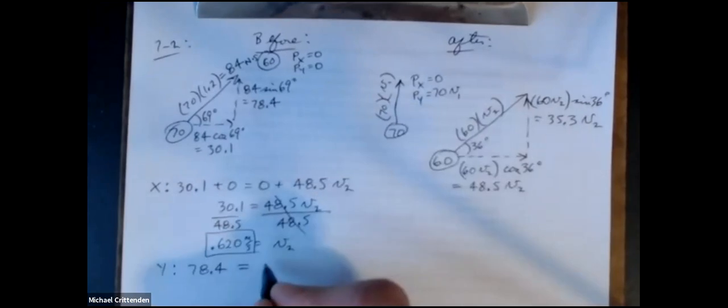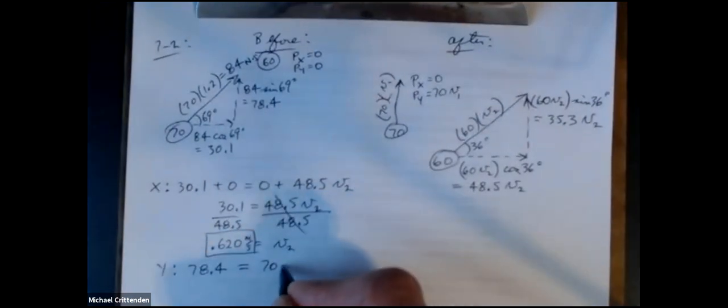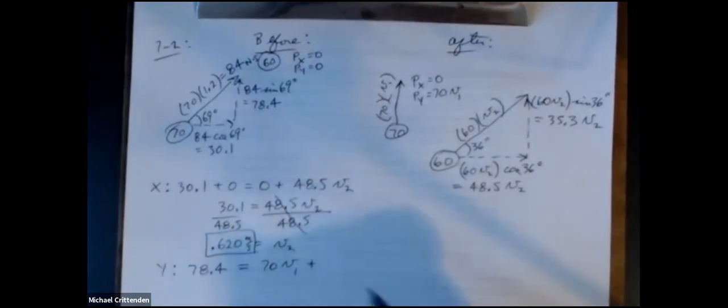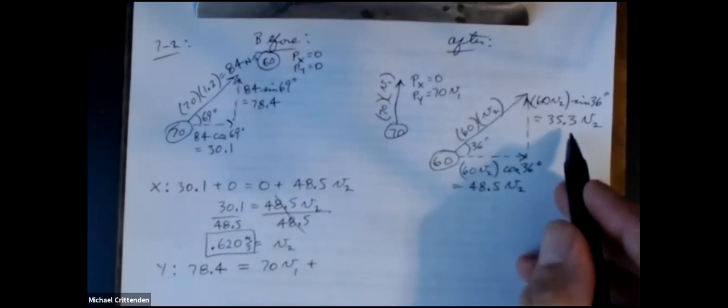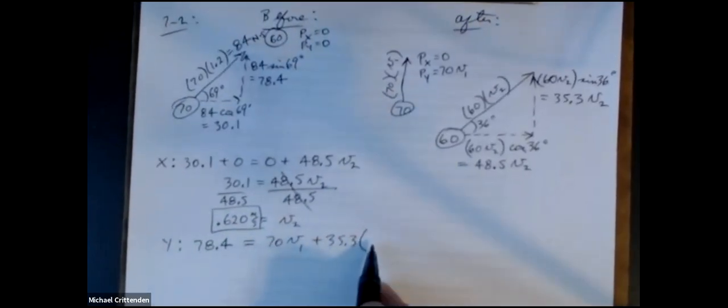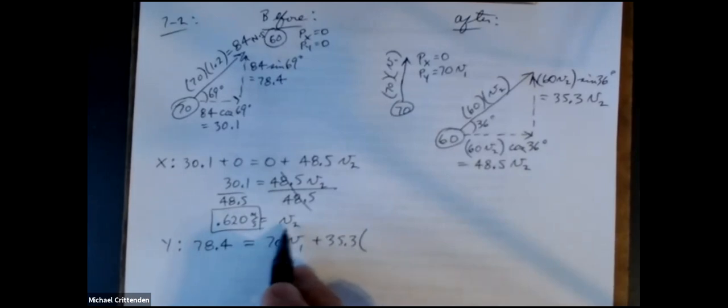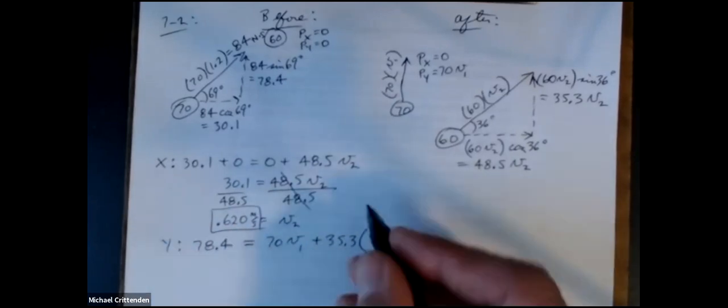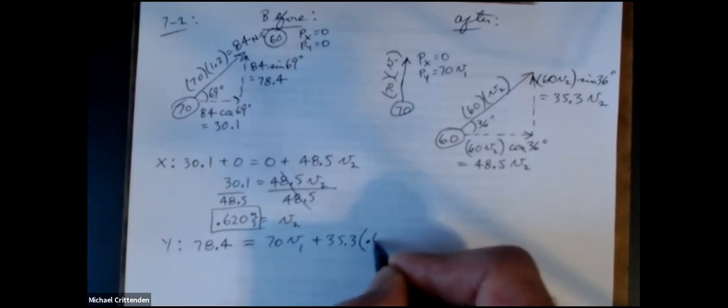So we've got 70 V1, and we've got 35.3 V2, but rather than writing down V2, I now know that V2 is equal to 0.62, so why don't I put a 0.62 in there?